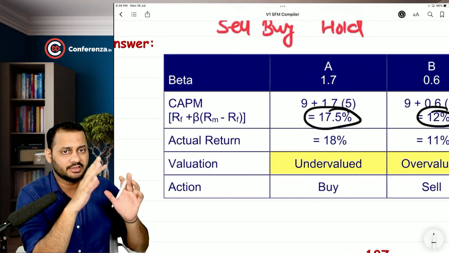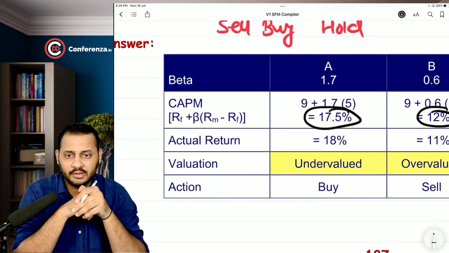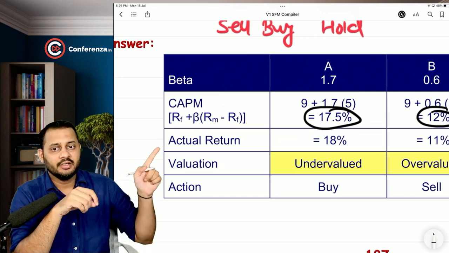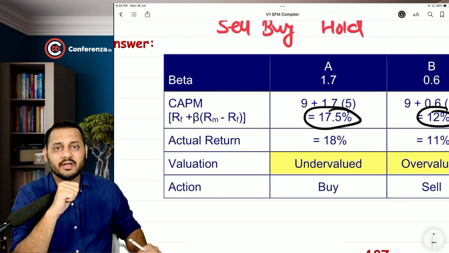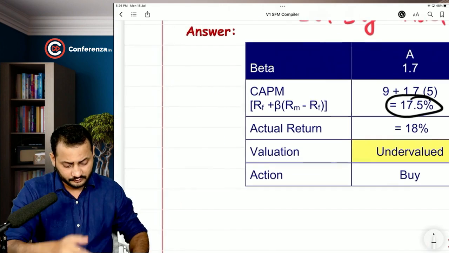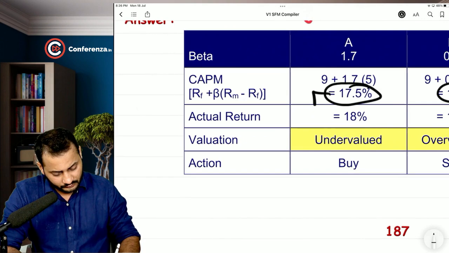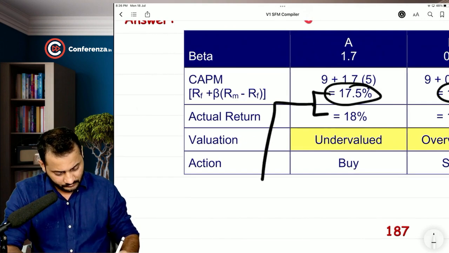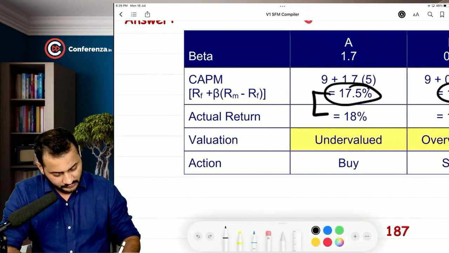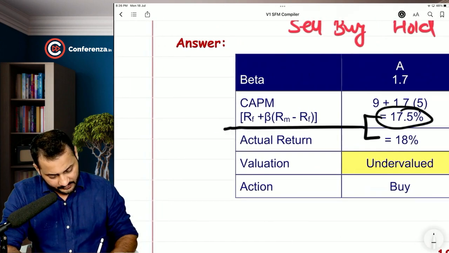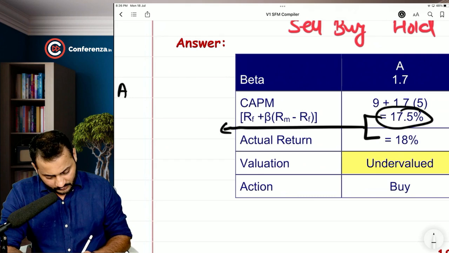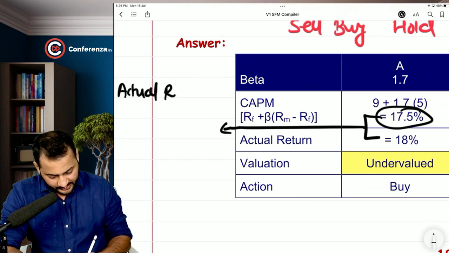Now, let's look at security A. Your actual return is higher than the required return. Why? See, I will just write something about it here. Actual return in this case is higher.